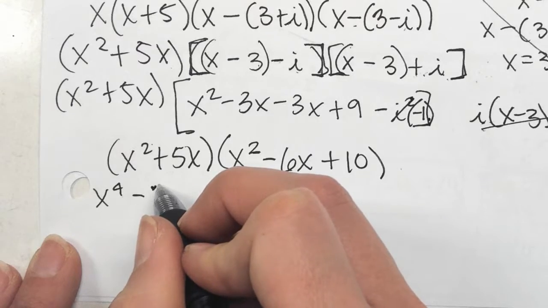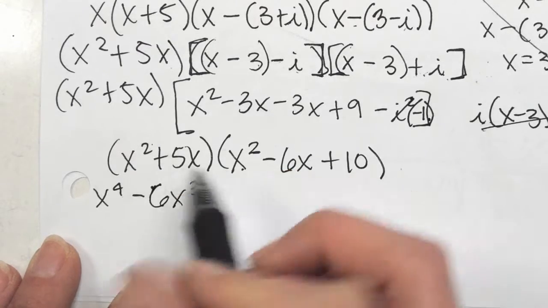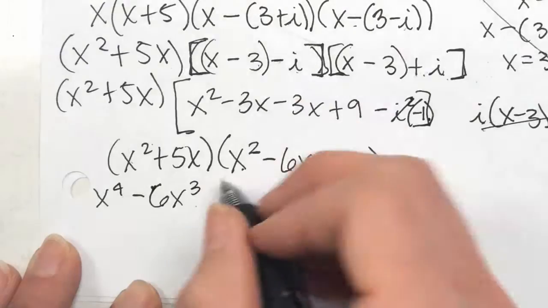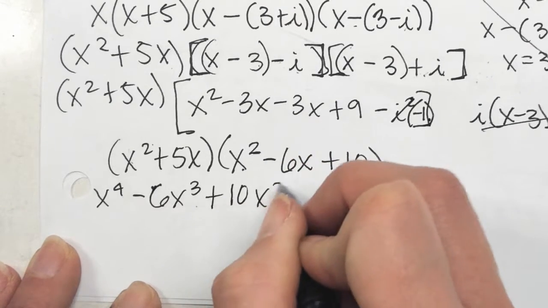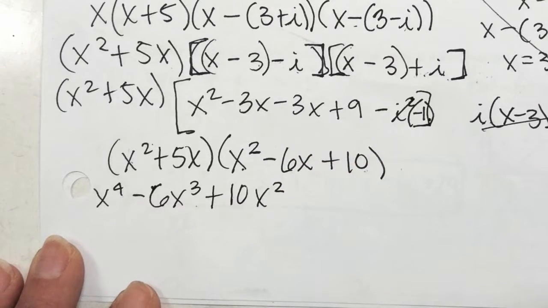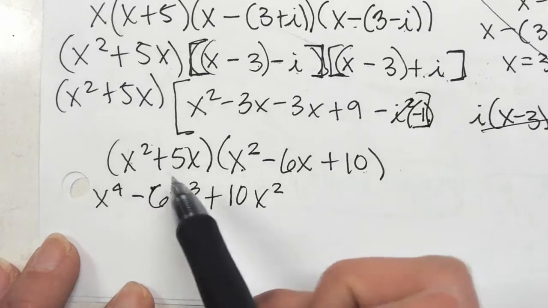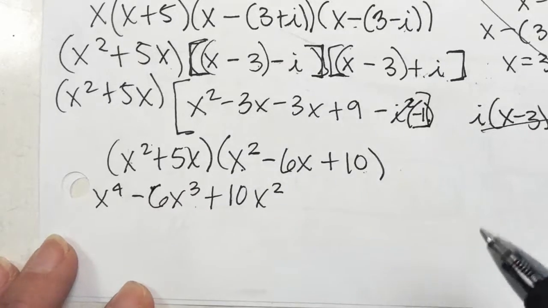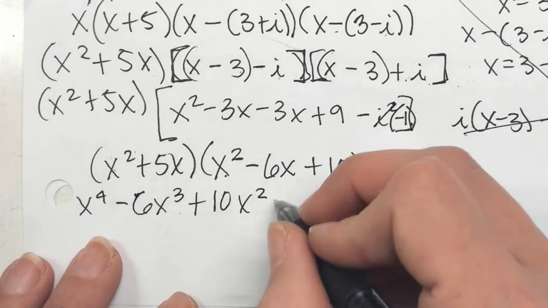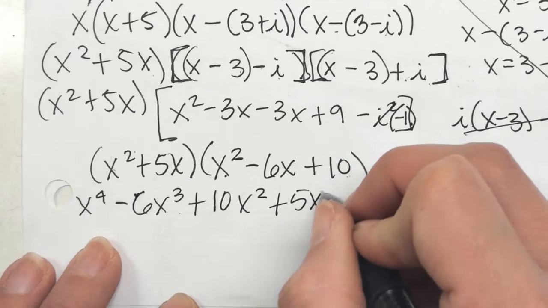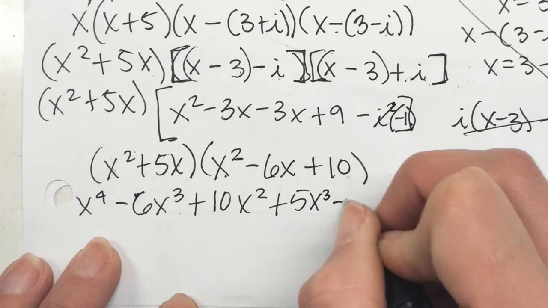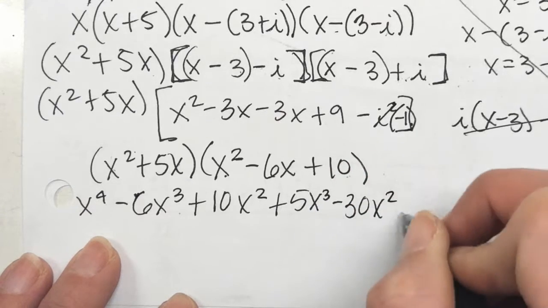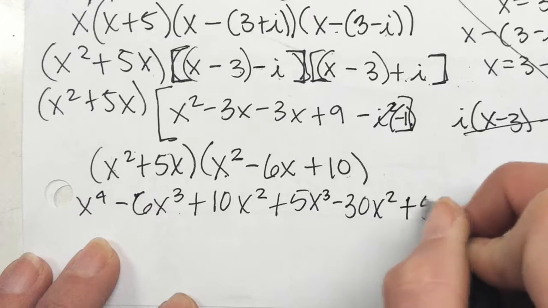That's going to be what? Good. And then x squared times 10? Good. CJ, tell me what 5x is going to be multiplied by all three of these. It's going to be 5x cubed minus 30x squared plus 50x. Perfect.